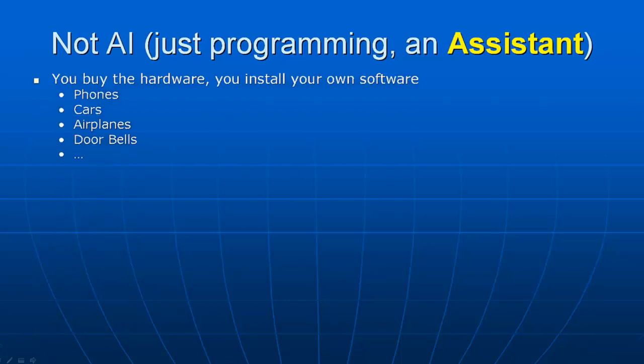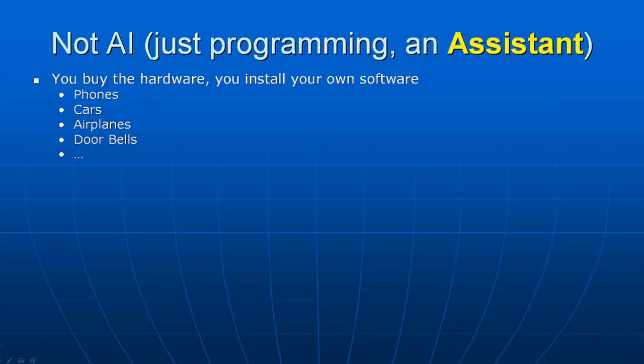So you buy the hardware. This is what I want to get to finally, which is you buy the hardware. And you install your own software on your phones or cars or airplanes or doorbells or whatever hardware you buy. You just buy the hardware as a chunk of metal or whatever it is, and you install your own software.